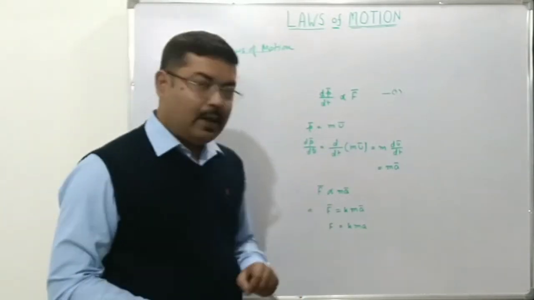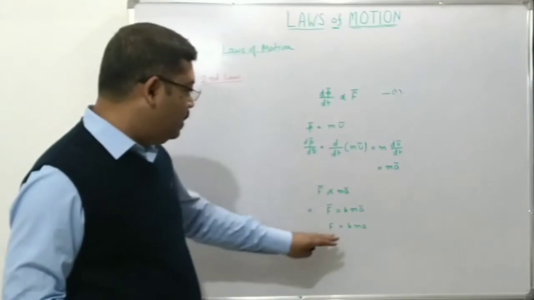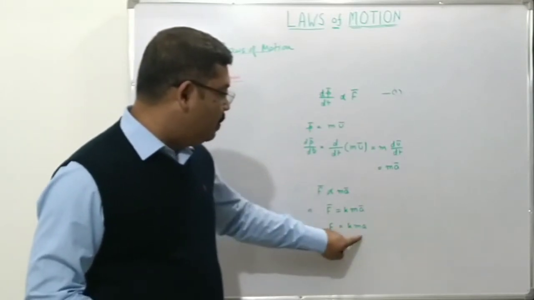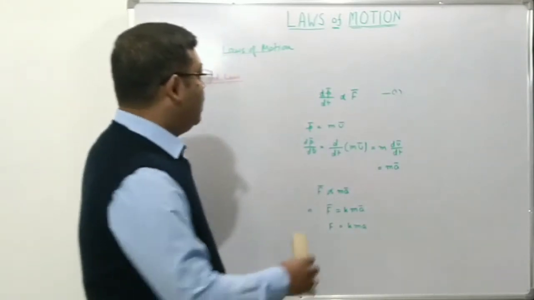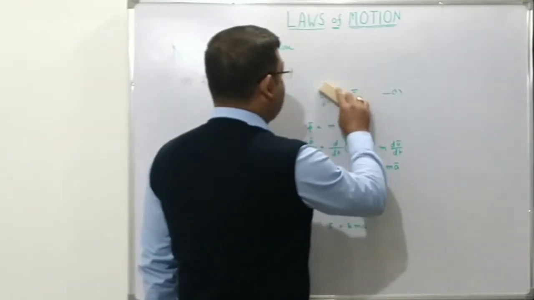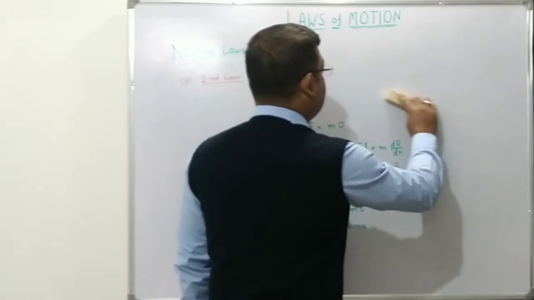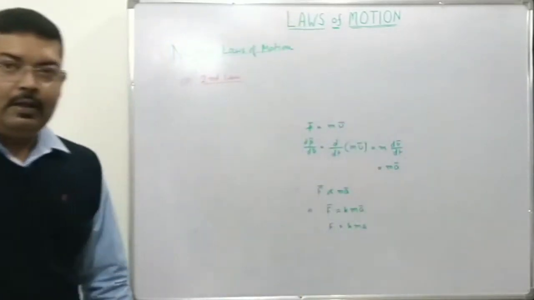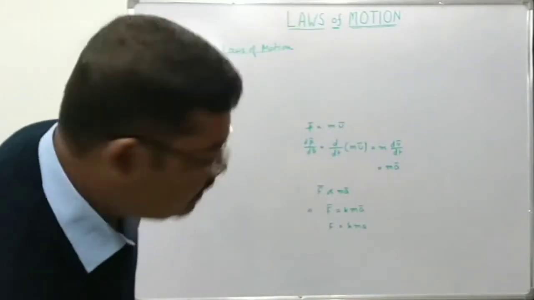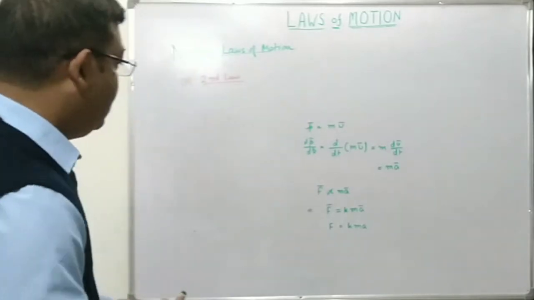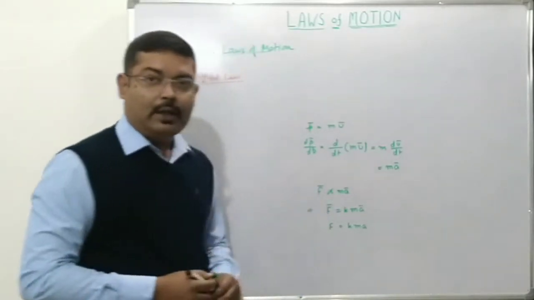Now comes the important part, that force is some constant into mass into acceleration. Now this constant of proportionality k, what we want to do is that we want to do away with that, so that the relationship becomes a little bit simpler. So how to do that?